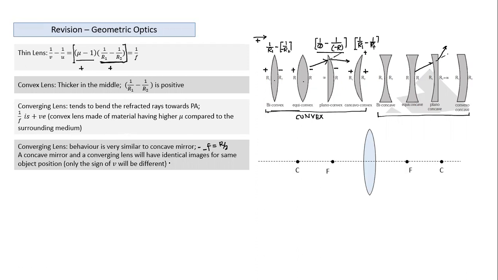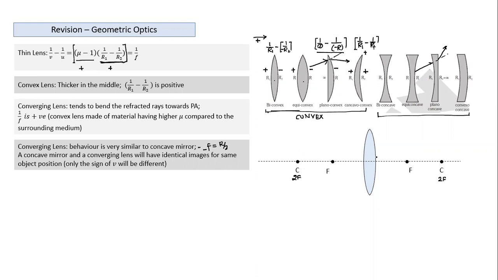Let's understand this case and try to relate it to the concave mirror. See here, the term C is actually relevant only in the case of mirrors, because the surface has a center. There are two surfaces here, so C is not meaningful, but just to compare with the mirror, I have written C here. C implies 2f distance, and we can mark it on either side.